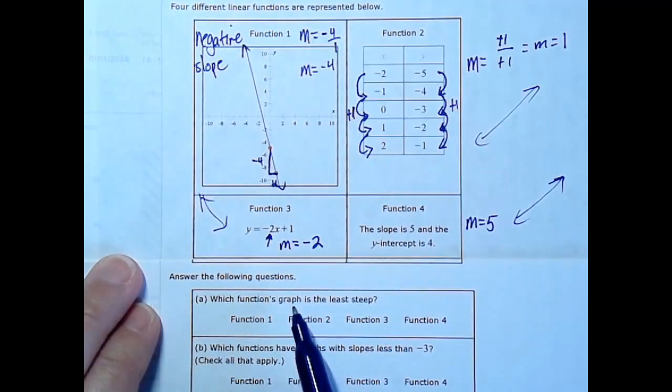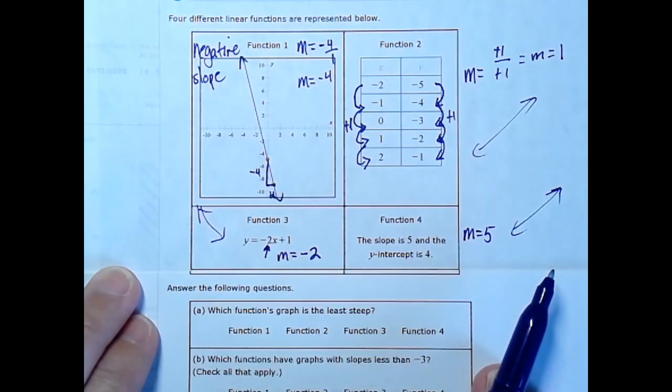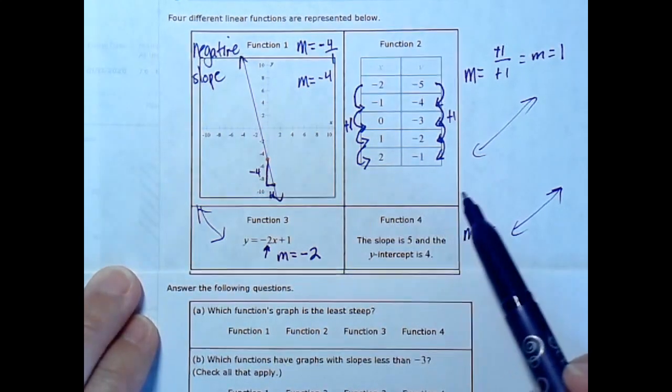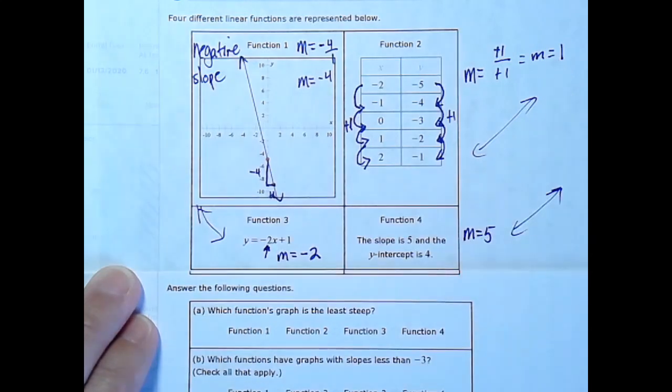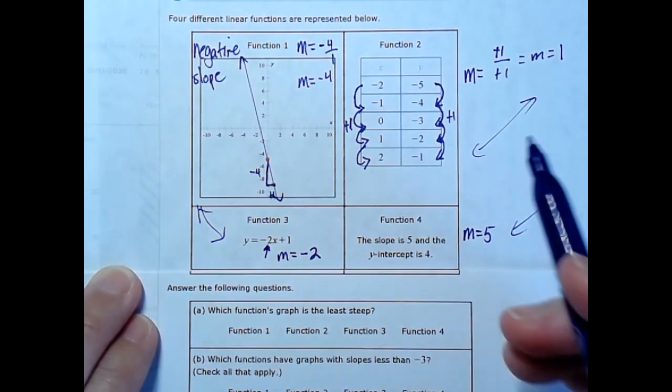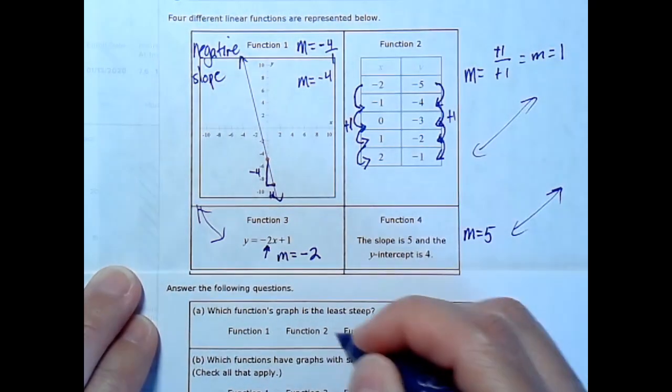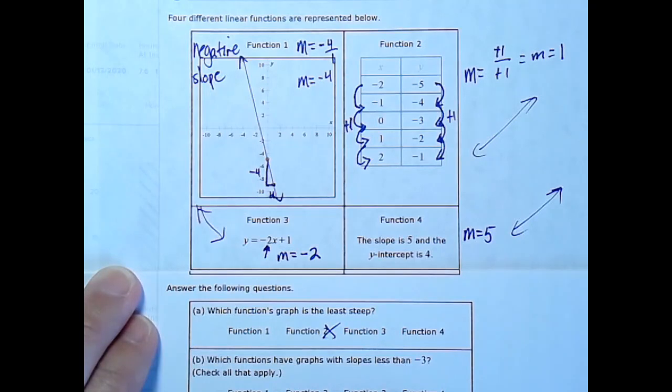It says, which function's graph is the least steep? Is the least steep. So that means that the slope is going to be closest to 0. So the least steep is function number 2.